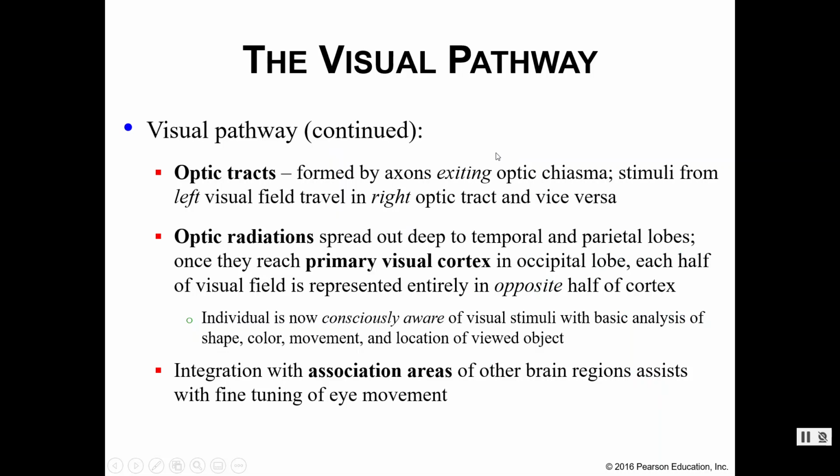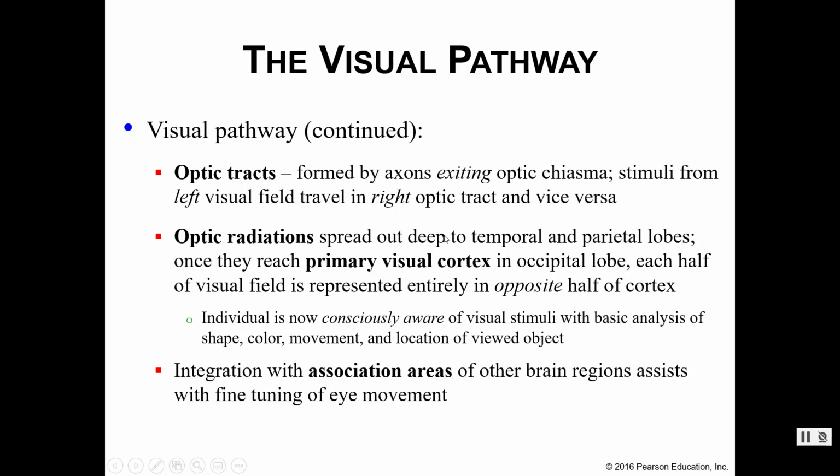Now, once we have gone through the chiasm, the axons that come out of the chiasm are called your optic tracts. Once we move through the optic tracts, we continue to go through what's called the optic radiations.